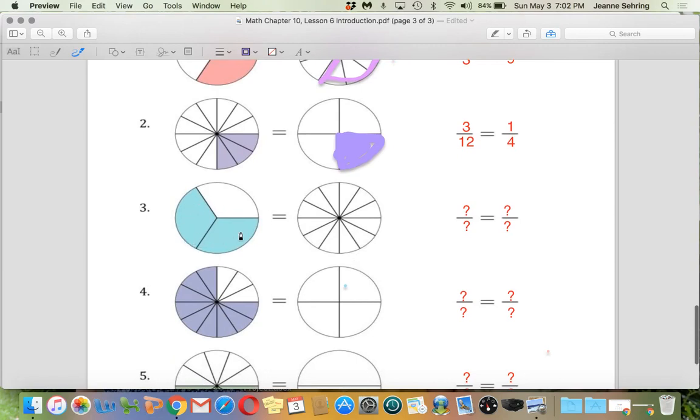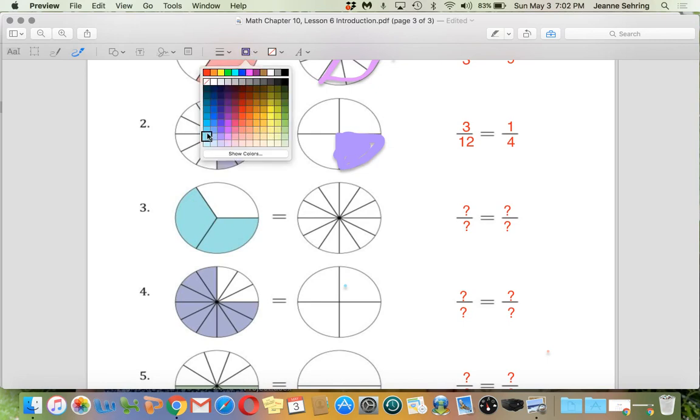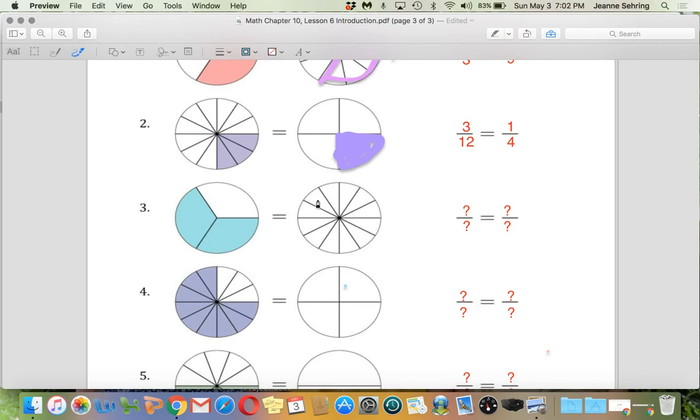All right, so let's look at this one. This circle is 3 parts total with 2 of them shaded. This circle is 12 parts total. So I need to shade in the same amount on this circle so that they match. So I'm going to come up here and grab blue, and we're going to hope that it works. I shade from here all the way to here.